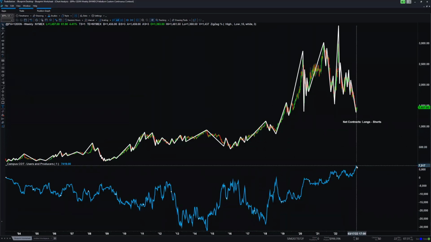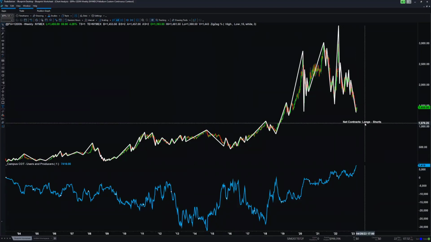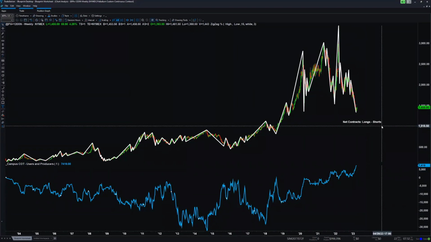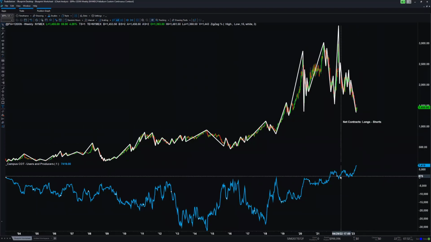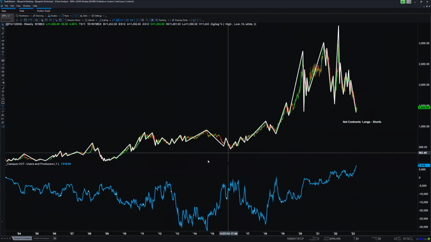Now all we need to do is put that number into context and put some rules around it: is this bullish or bearish? How exactly that will be done, we'll cover later. But for now, this is the net position that we can see for the users and producers. The net position is just the delta of longs versus shorts. Then we can see them as a group, how they behave over time and in interplay with the charts as well.